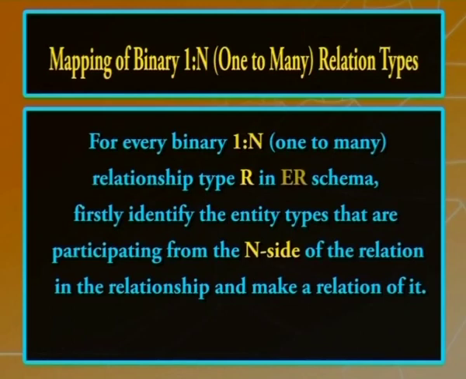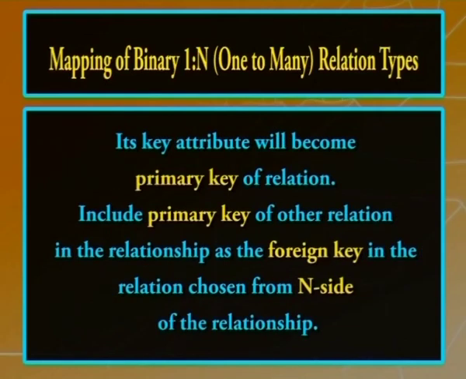For every binary one to many relationship type in an ER schema, firstly identify the entity type that is participating from the N side of the relationship and make a relation of it. Its key attribute will become the primary key of the relation. Include the primary key of the other relation in the relationship as the foreign key in the relation chosen from the N side.